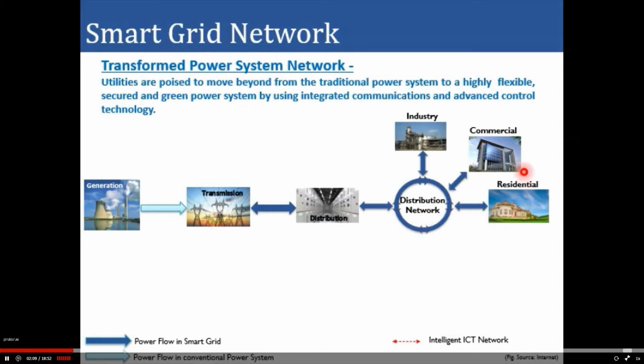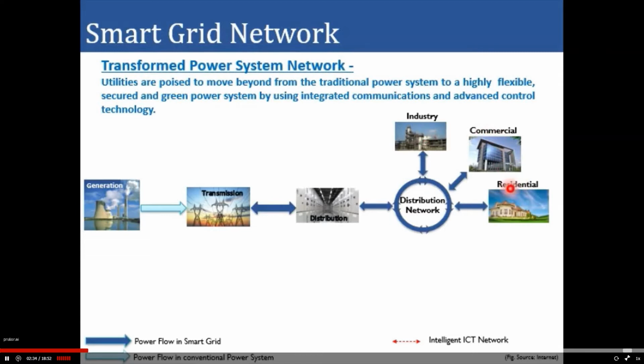So the loads are not only the generators of the electricity but also consumers of the electricity. So being consumer as well as generator of the electricity, consumers are no longer just consumers, but they are called prosumers because they are producing as well as consuming the electricity.